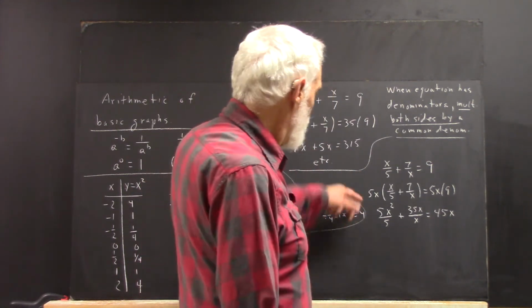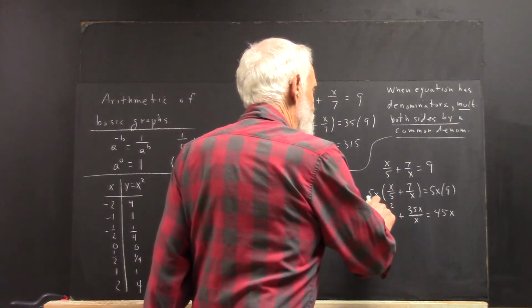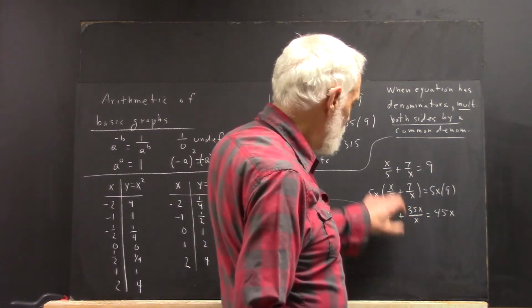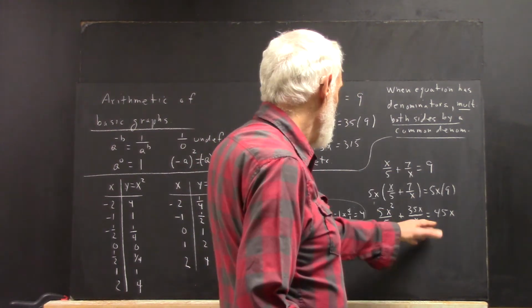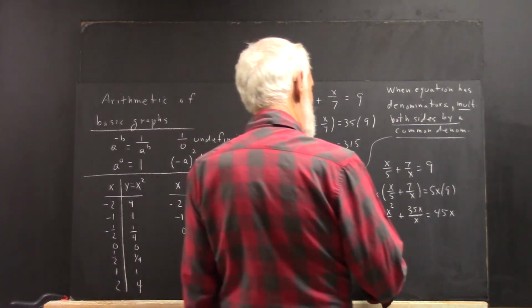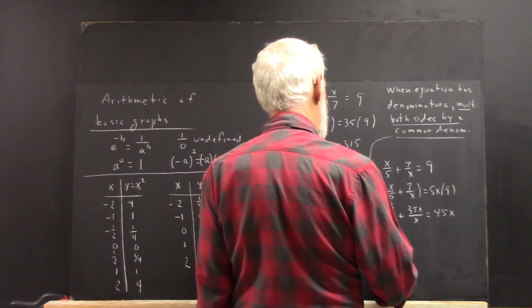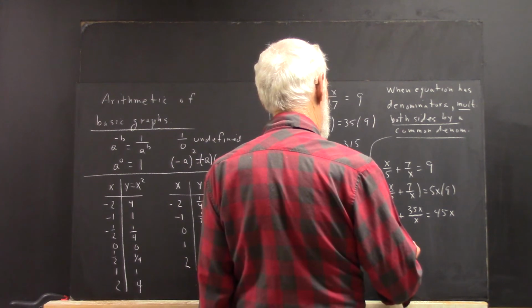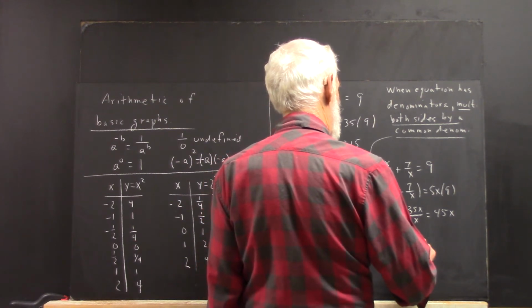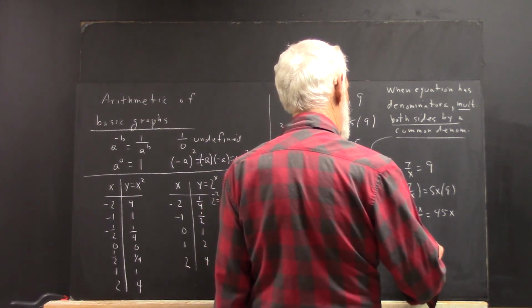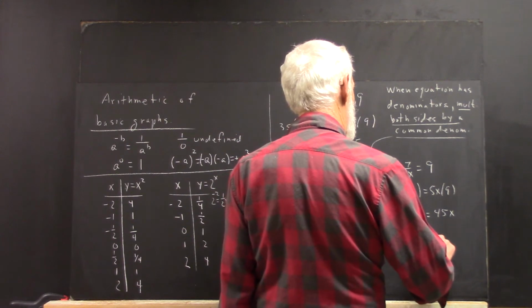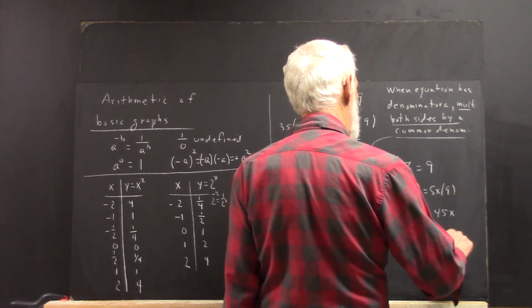Okay, because the 5x is a 5x over 1, and we multiply 5x over 1 by this, 5x over 1 by this. That's the way it comes out. This is 5 over 5 times x squared plus 35 times x over x equals 45x.